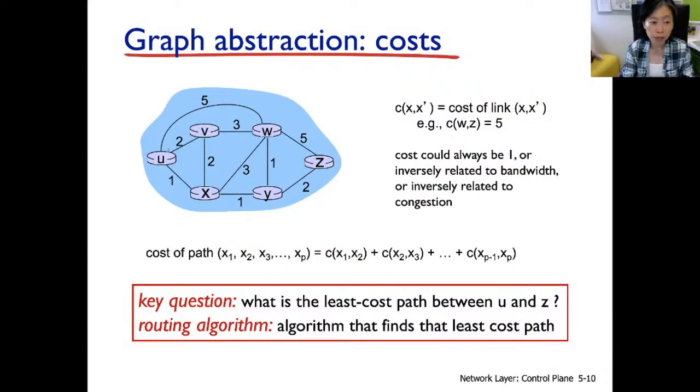Let me use an example. Let's say traversing from U to Z, and we take this path. The cost of the path will then be adding 2 to 3 to 5, and that will be 10. All right. So the goal of a routing algorithm is essentially to find the least cost path between a pair of nodes, from source to destination.